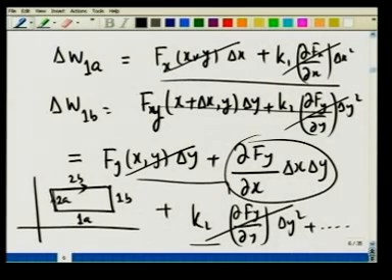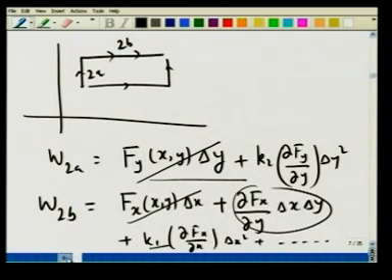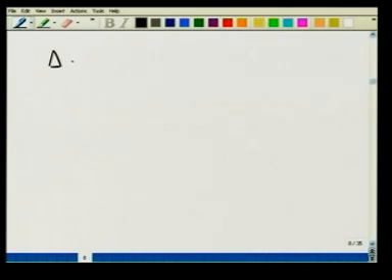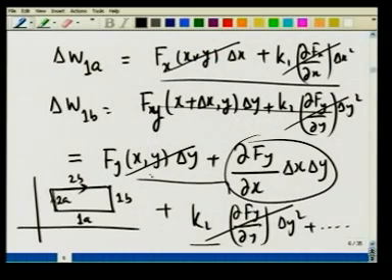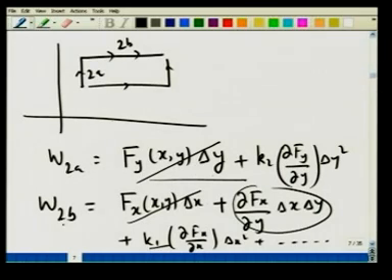So, if I were to take the difference moving along path 1 and path 2, I will find that the work done along path 1 minus the work done along path 2, which is delta w 1a plus delta w 1b minus delta w 2a minus delta w 2b, and let me flash those things back again. This was delta w 1a, this was delta w 1b, these terms cancelled. Similarly, in this case this was delta w 2a, delta w 2b, the only terms which are left were these.